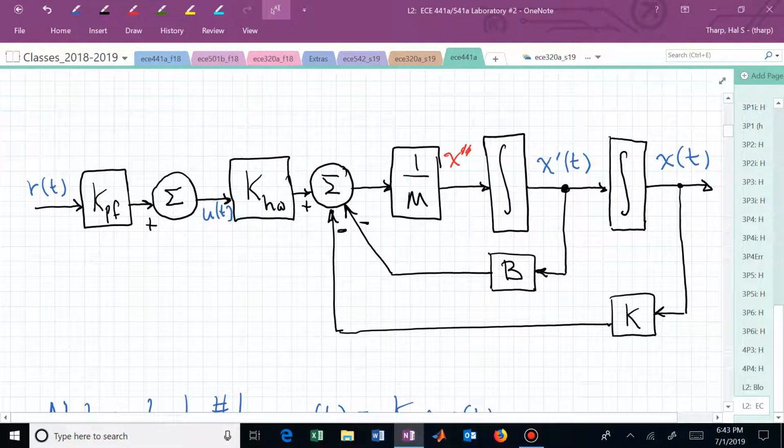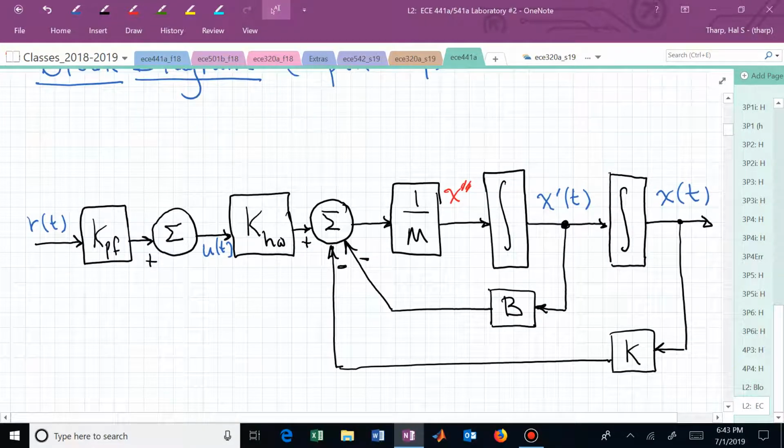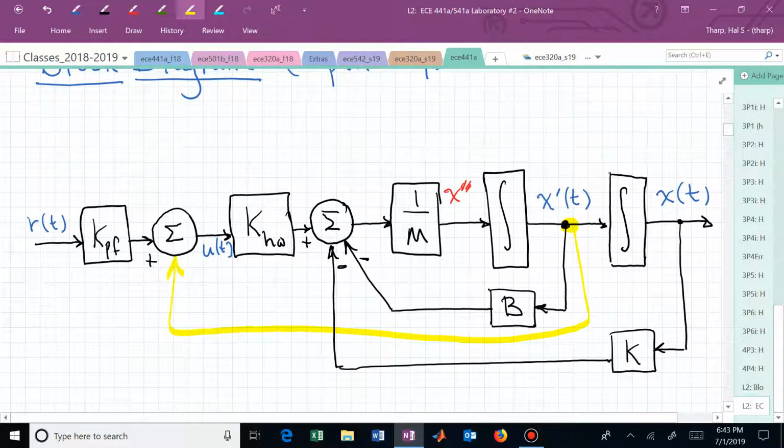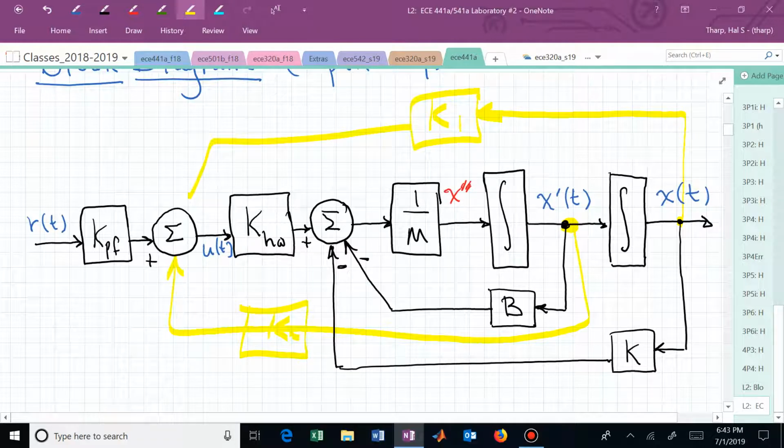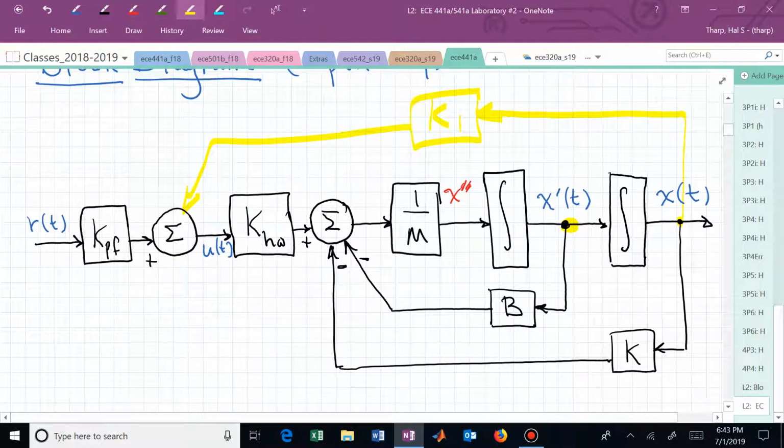I'm trying to set this up so you think about it: if we could measure this velocity and feed it back to make up some of the input, maybe with a gain K sub 2, and feed this position back with a gain K1, we might be in business in terms of changing the dynamic behavior of that system. And that's actually what we want to do.